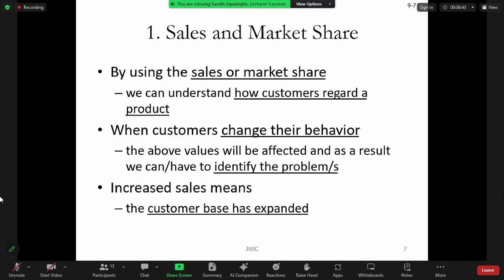So if your market share is increasing, that means there is a good response from the market. And second, when customers change their behavior, the above values will be affected, and as a result we can identify the problem. If market share is reducing, that means something is wrong.